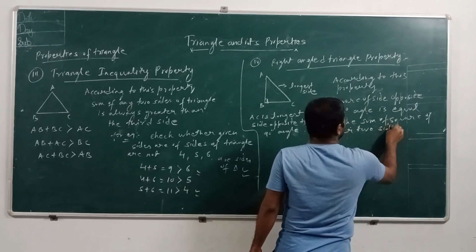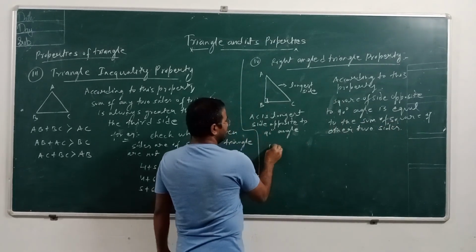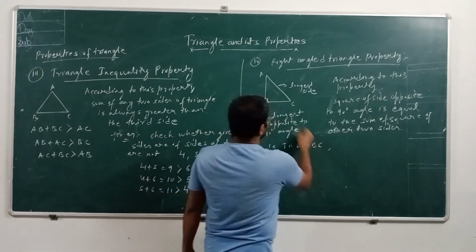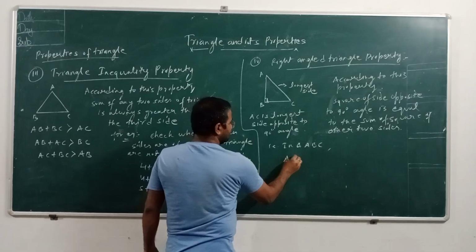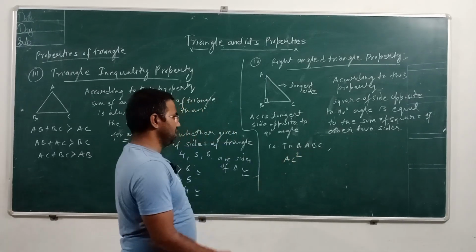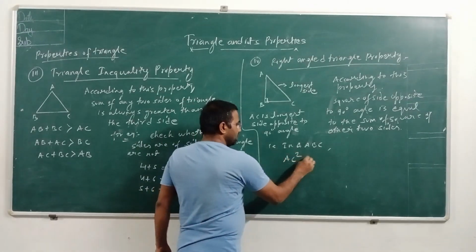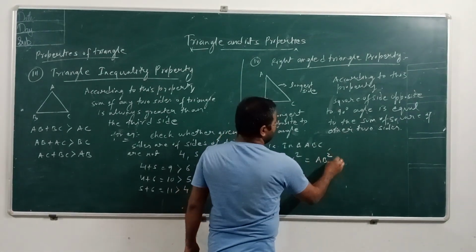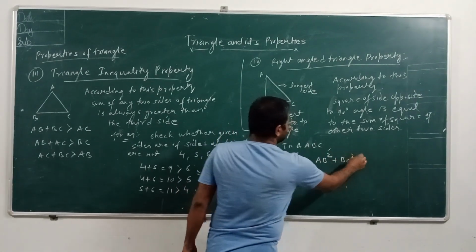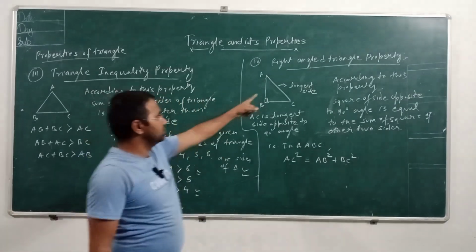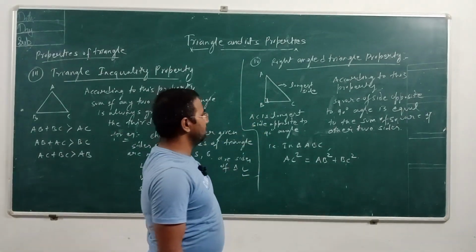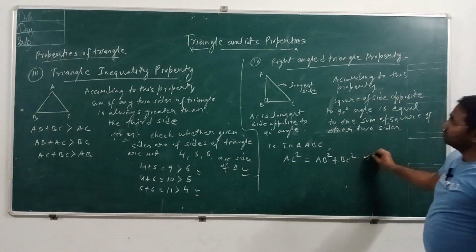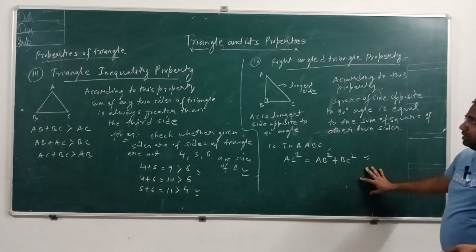That is, in triangle ABC, AC is the longest side, so AC square will be equal to the sum of the squares of the remaining two sides, AB square plus BC square. Okay, so according to this property, this will be.